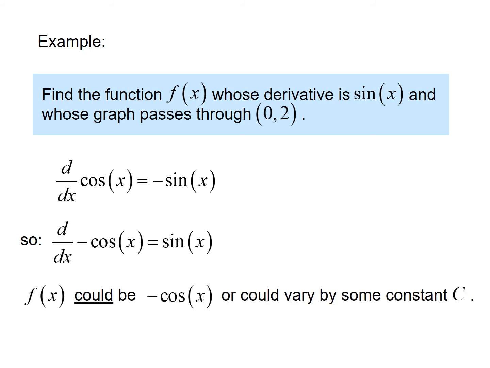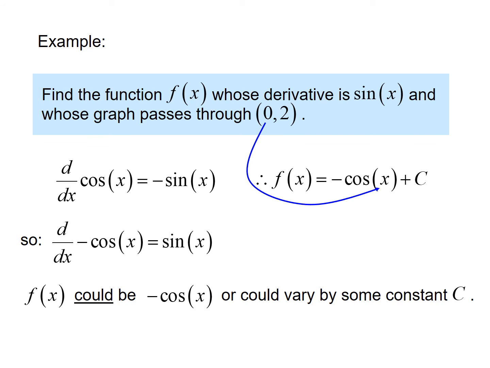So our function could be negative cosine of x, but it could vary by some constant c. So we would write that f of x equals negative cosine of x plus c. C could be 0, 1, 2, negative 3, could be any number potentially, because if we took the derivative of a constant, we'd get 0, and we would get our derivative of sine of x.